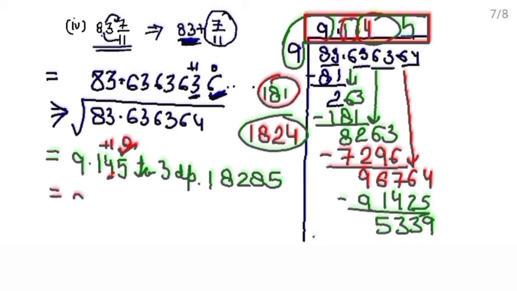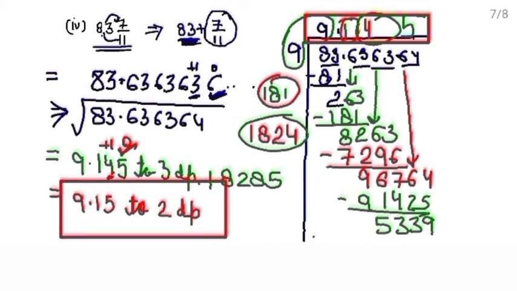So it will become 9.15, 4 plus 1 is 5. In a decimal number, if you have 0 at the end, it doesn't make any change, so remove it. So what is your answer? 9.15, which is the answer to 2 decimal places, right? So this is your answer.